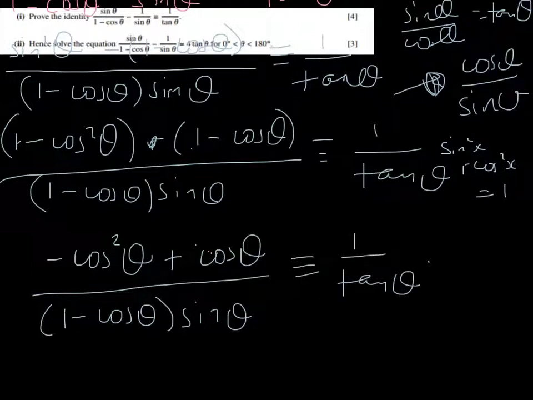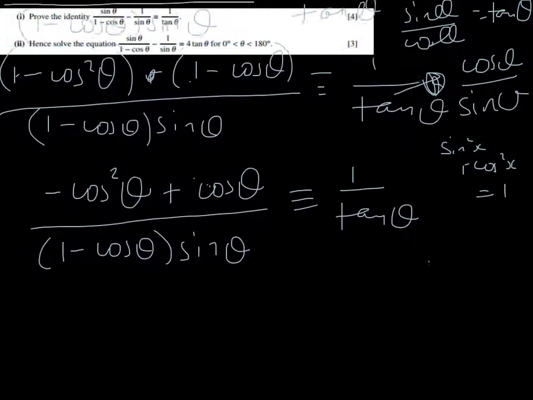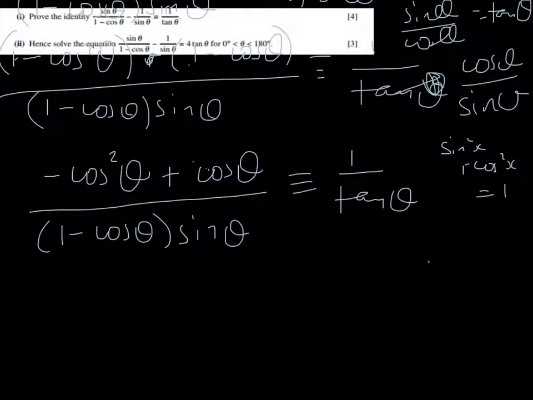Cool. Let's just move that up some more. Okay, cool. Now if I factorise that, I can take cosine out as a factor.